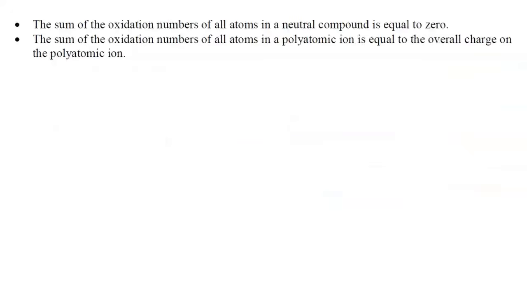Just one last thing to mention before we take a look at number 10. The sum of the oxidation numbers of all atoms in a neutral compound is 0. For example, if we have CH4, I know that hydrogen normally carries an oxidation number of +1 when it's bonded to nonmetals, such as carbon.